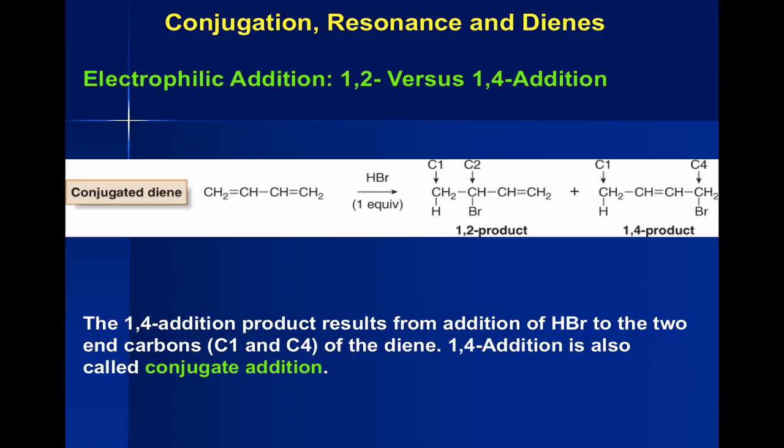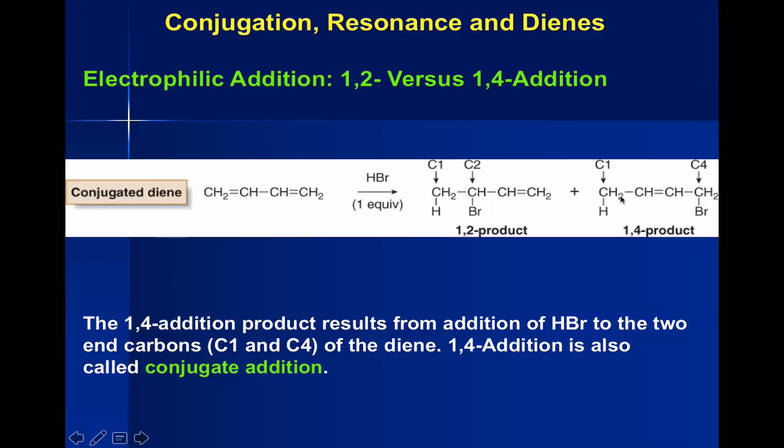However, when we go to a system like this, where we have 1, 2, 3, 4 carbons, so this is 1,3-butadiene, if we were to add HBr across it, what we would actually find are two different products. We would end up with a product where we simply add the hydrogen to carbon number 1 and the bromine to carbon number 2, which is what we call a 1,2 addition product. Very similar to what we saw before, but we'd also get a product where we would add the hydrogen to carbon number 1 and the bromine to carbon number 4, what's known as the 1,4 addition product.